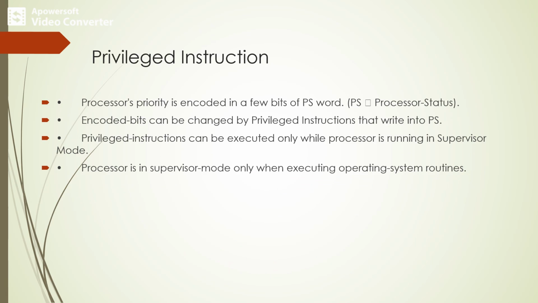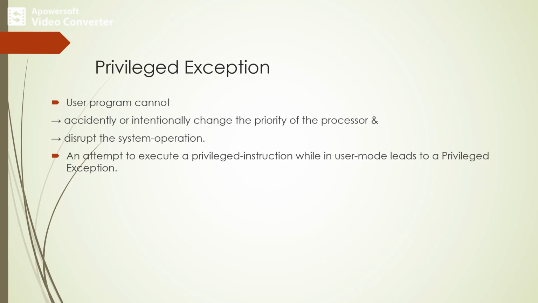Now we'll consider privileged instructions. The processor's priority is usually encoded in a few bits of the processor status word. It can be changed by program instructions called privileged instructions, which write into the processor status word. These instructions can be executed only when the processor is running in supervisor mode, that is, while executing the operating system routines.